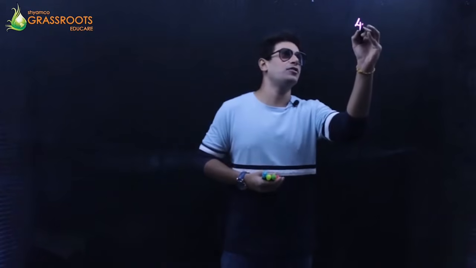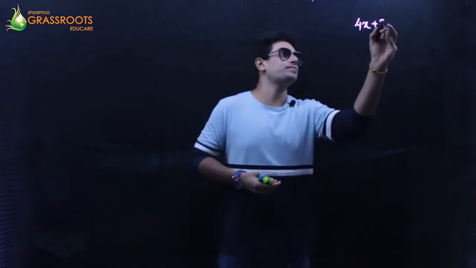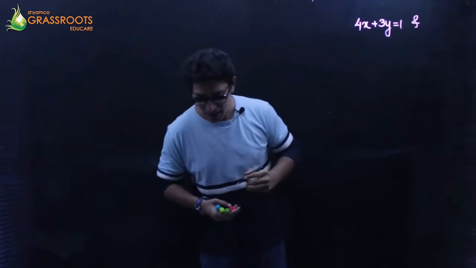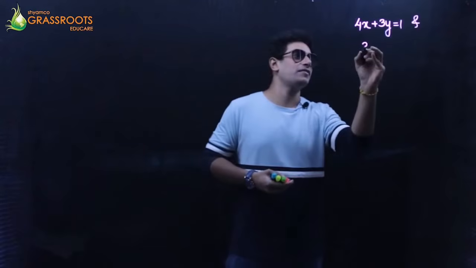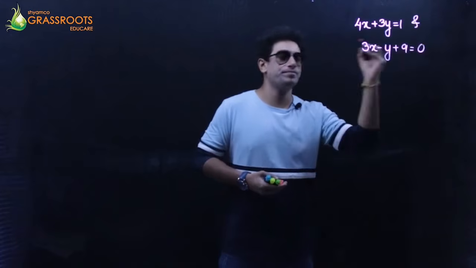All right, the last question from this exercise. Find the point of intersection of the lines. There are two lines given as of now: 4x plus 3y equal to 1, and the second line is 3x minus y plus 9 equal to 0.